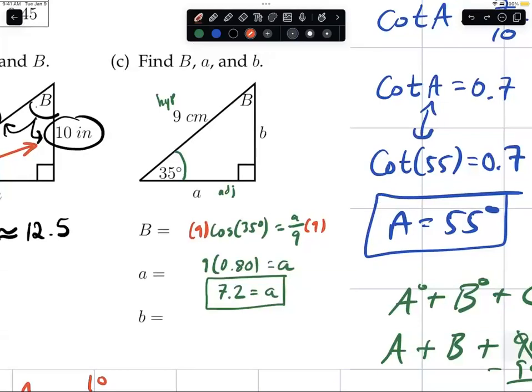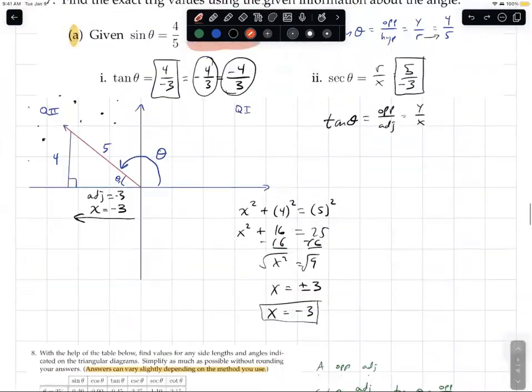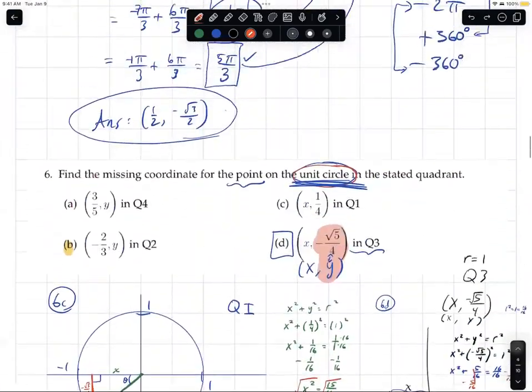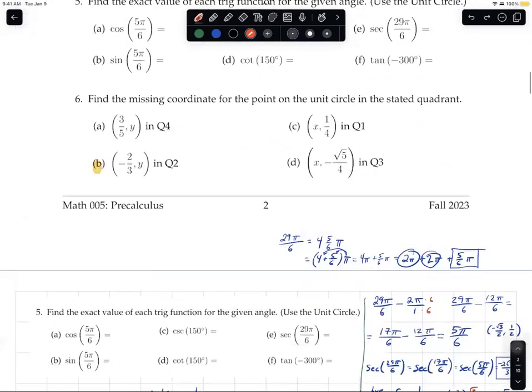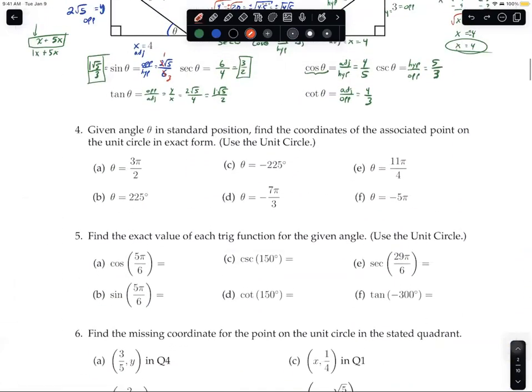Let me see. I had a question on 4F. All right. 4F. Given an angle in standard position, find the coordinates of the associated point on the unit circle in exact form.